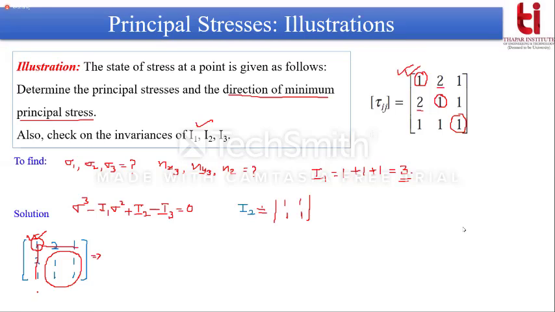Now in order to get the cofactor of the second term, let us write it again. Let us say my matrix is 1 2 1 2 1 1 1 1 1.